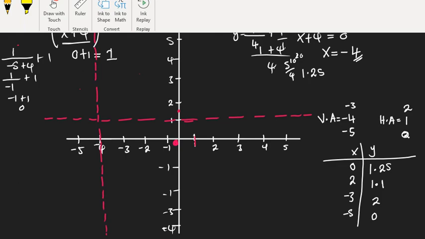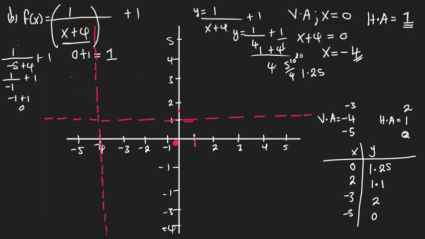Okay. Then we ask ourselves, now we sketch our points. So 0, 1.25 is somewhere here. So if you see a point there, you leave it. Then 2, 1.1 is somewhere here.